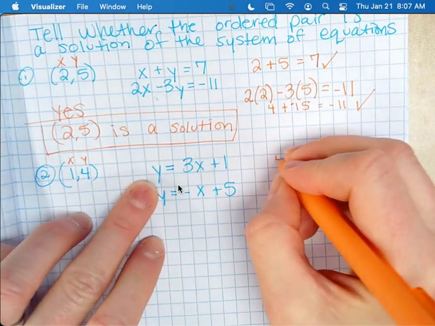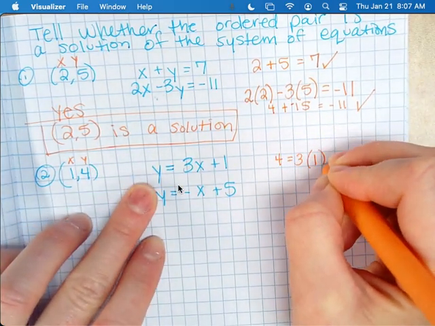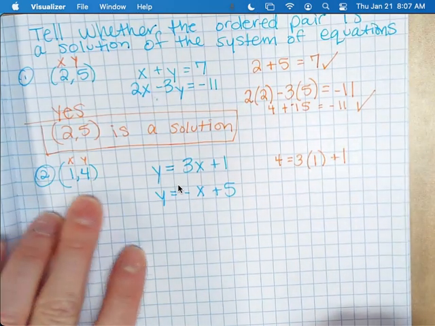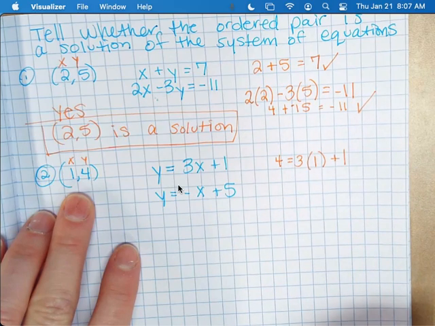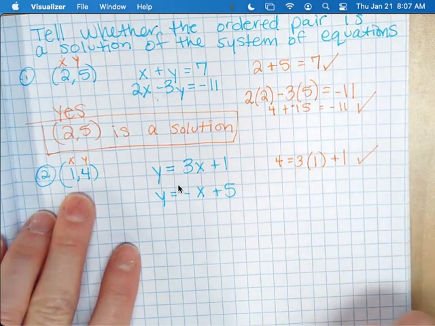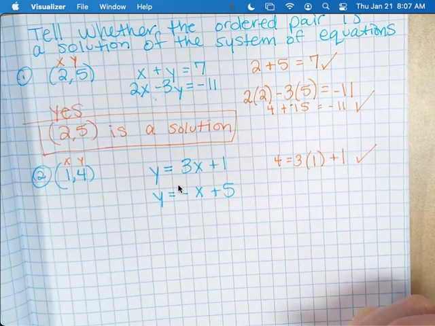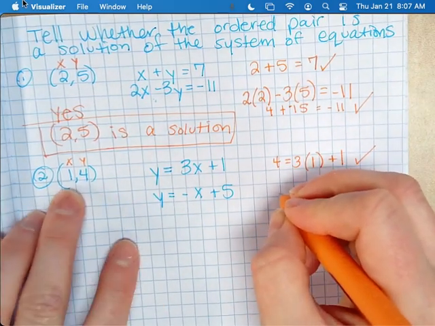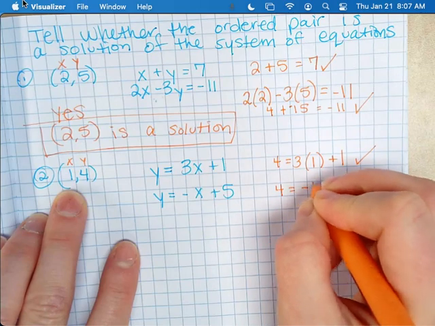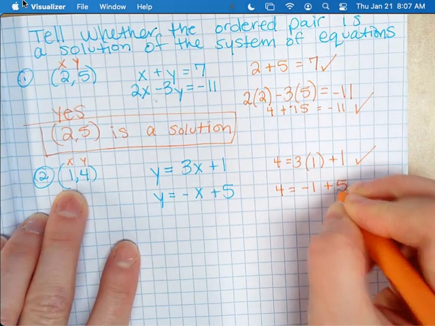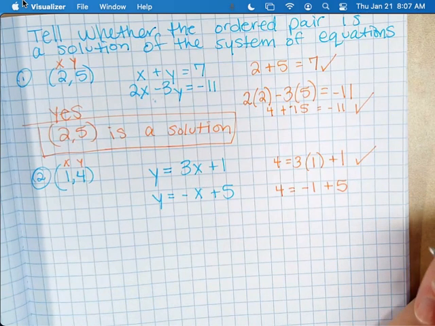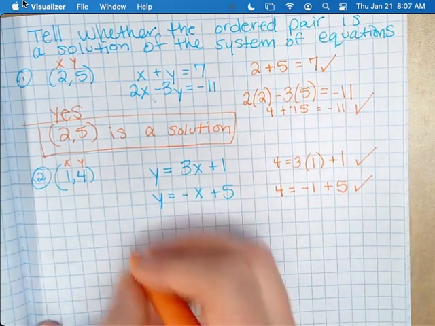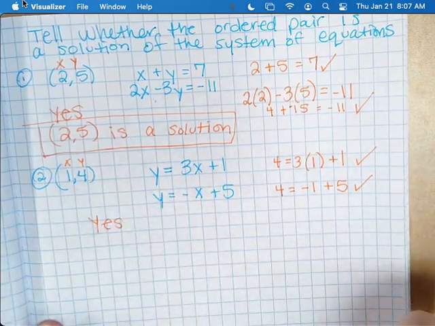On the first one, it's 4 equals 3 times 1 plus 1. Is that true? Yep. Then the next one, y is 4 equals negative 1 plus 5. Okay, so yes, it's a solution.